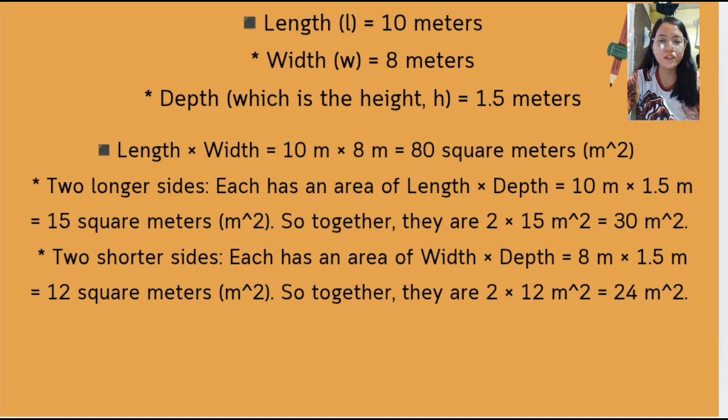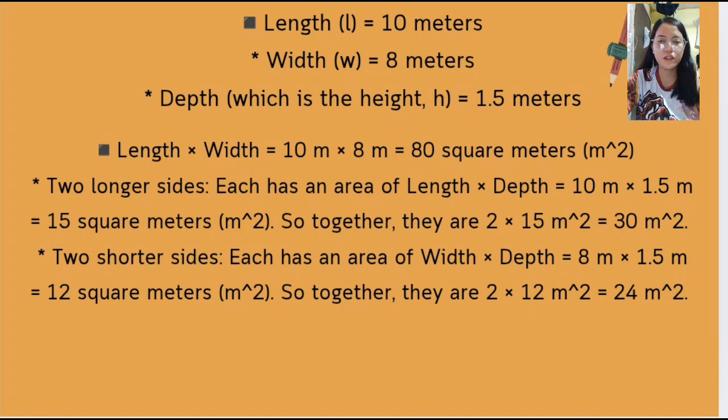Each long side has an area of length times depth, 10 meters times 1.5 meters, which is 15 square meters. So, there are 2 times 15, which is 30 square meters.